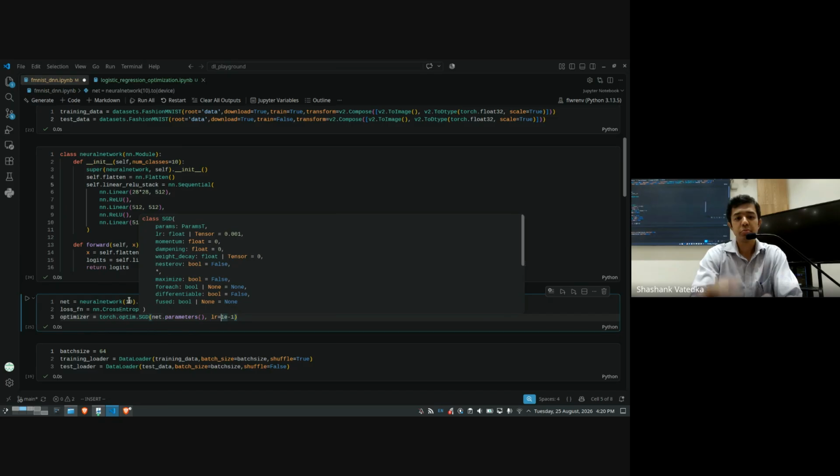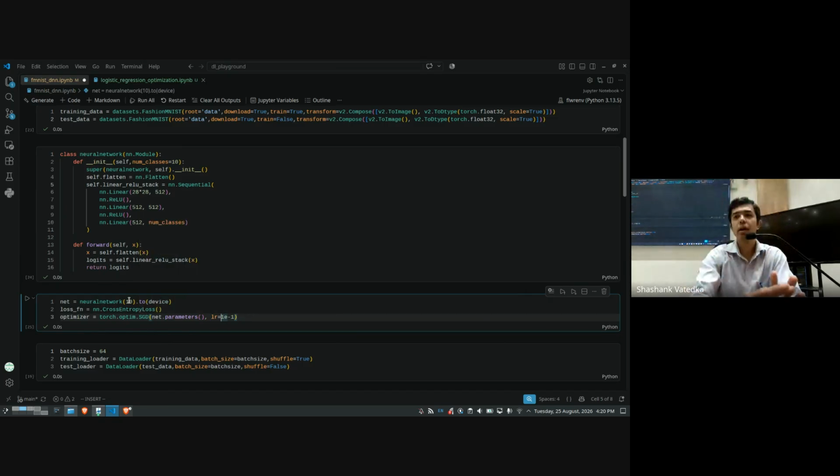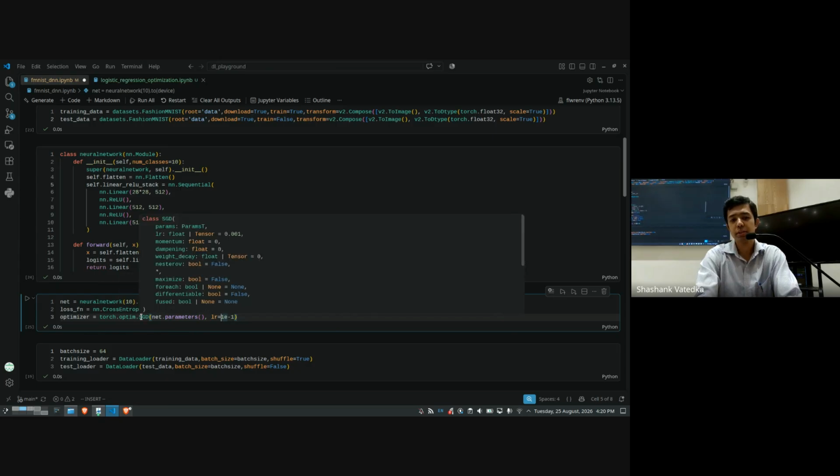There are only a small number of pieces to this entire code, so I would encourage you to go through the documentation, see what all is available, and what all parameters you can tweak. For instance, just by hovering around here, I can see that the class SGD can take a bunch of parameters, including momentum and dampening and weight decay and so on.